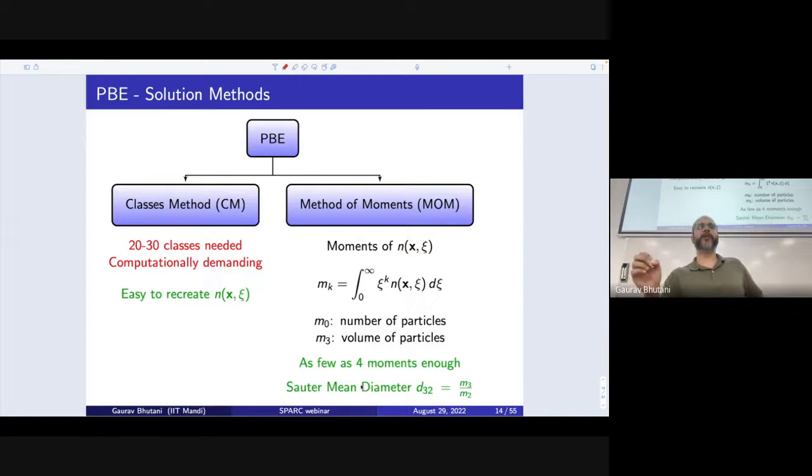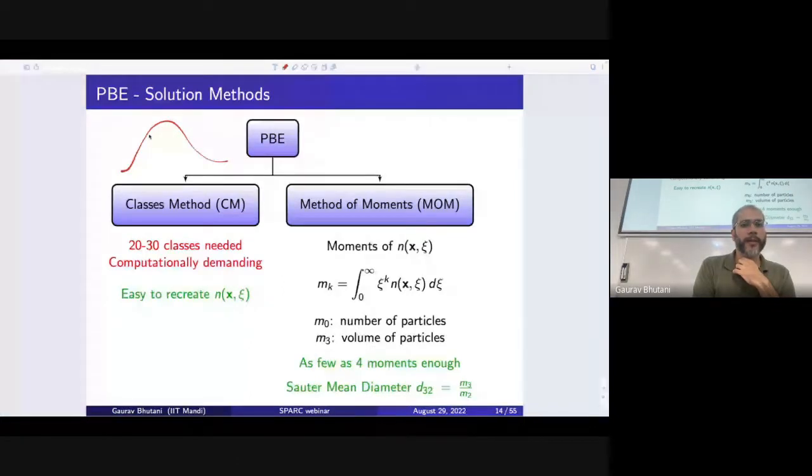The most natural way to solve population balance equations is to use a classes method. We have particles of many sizes, so we have a complete size distribution, like this. What we say is, let's have some discrete number of classes.